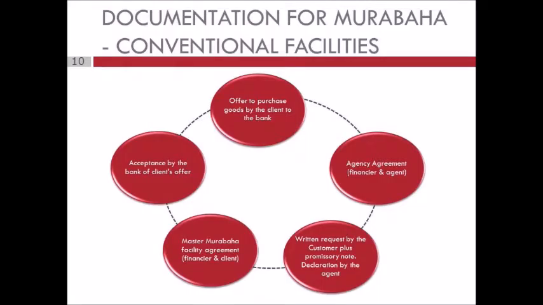Thereafter, the bank proceeds to pay the supplier for the goods, and the bank then receives the payment from the customer, which can be deferred payments in agreed installments, or it can be a one lump sum payment, again at an agreed period of time based on the terms of the master agreement.